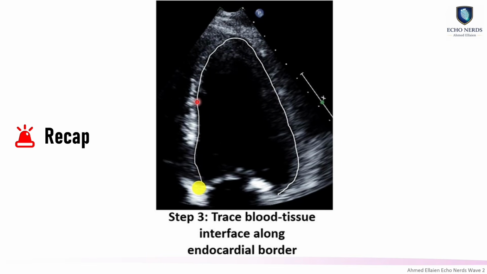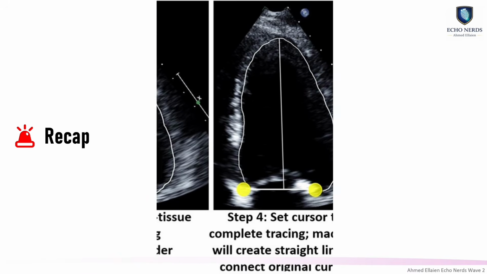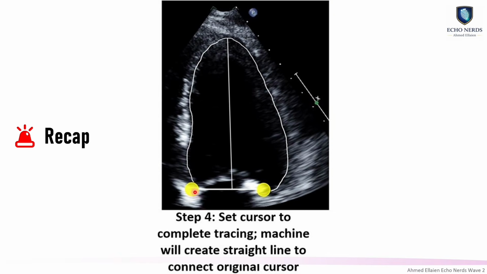Start the tracing at the compact spongy layer interface, which is a blood tissue interface, cut through the trabeculation and the papillary muscle until you reach the other end of the mitral valve annulus. Finally, connect both by a straight line and measure the most vertical line between this annular plane and the farthest point at the LV apex.